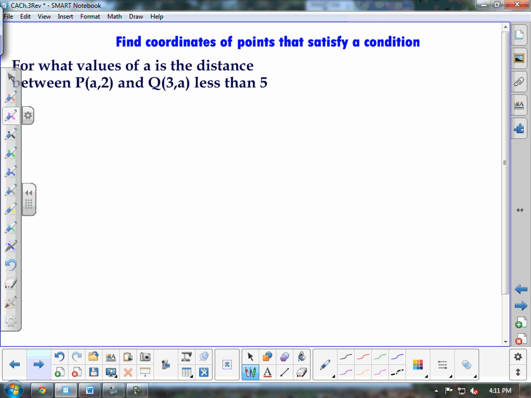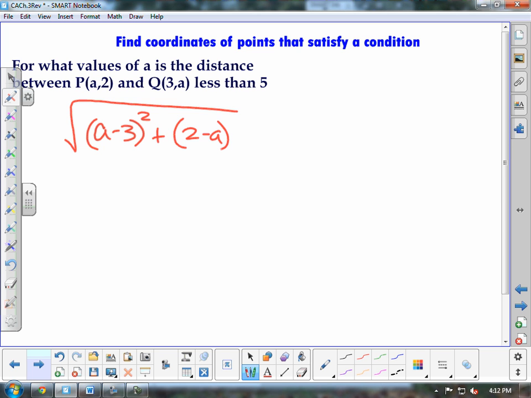Finding the coordinates that satisfy a condition would be a question like this, where for what values of a is the distance between p and q less than 5. So we're trying to find the distance, so we need the distance formula. And so we would have the square root of a minus 3 squared plus 2 minus a squared has to be less than 5.